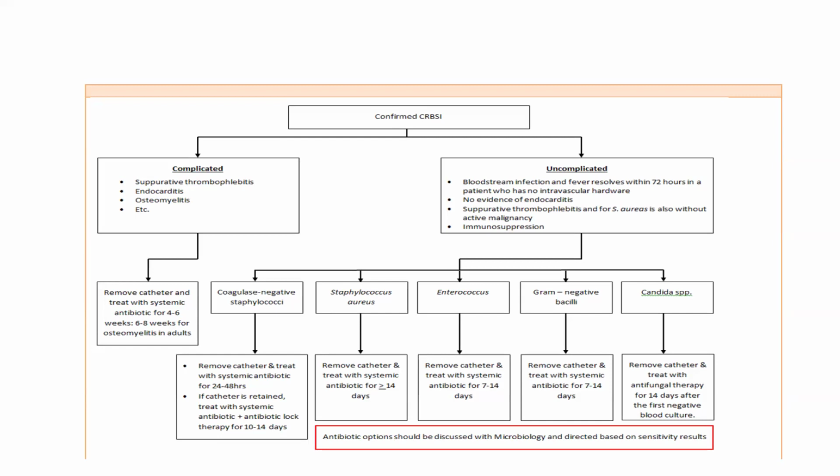If the isolated organism is Staphylococcus aureus, then remove the catheter and treat with systemic antibiotic for 14 days or more. If the isolated organism is enterococcus, remove the catheter and treat with systemic antibiotic for 7 to 14 days. If gram-negative organism, then remove the catheter and treat with systemic antibiotic for 7 to 14 days. If we are isolating Candida, then also we need to remove the catheter and treat with appropriate antifungal therapy for at least 14 days.